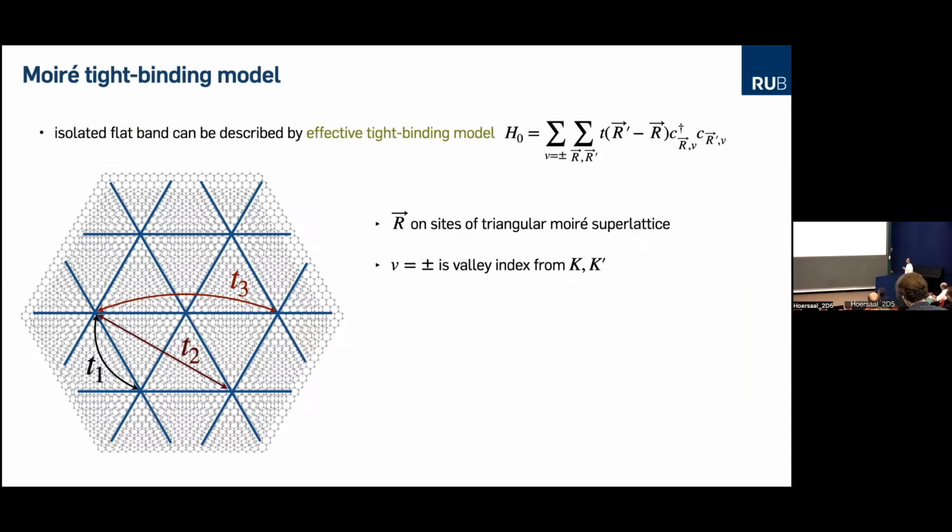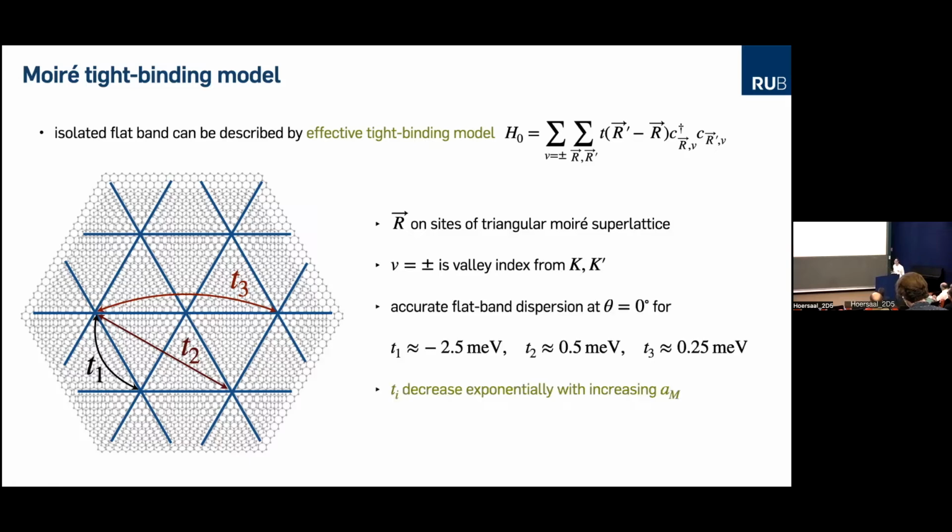The effective tight binding model that we have to write down now lives on the Moiré lattice, because this is exactly the real space lattice that gives us the right size of the Moiré Brillouin zone, of course. So we can write down a standard tight binding model, and then introduce nearest neighbor, second nearest neighbor, and third nearest neighbor hoppings, and fit these parameters as well as we can. And it turns out this works quite well if we choose this set of parameters.